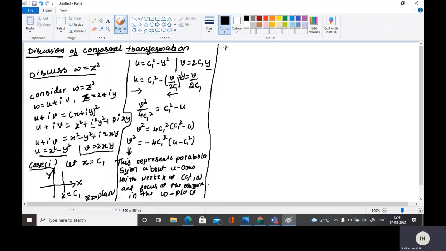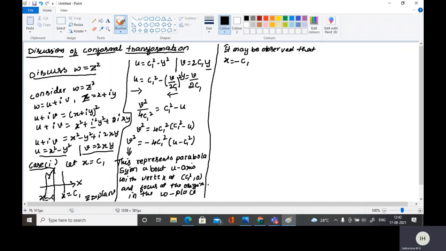It may be observed that if we consider x equal to minus c1 also, here this is the line x equal to minus c1. So we have to find the image of this in the w plane.